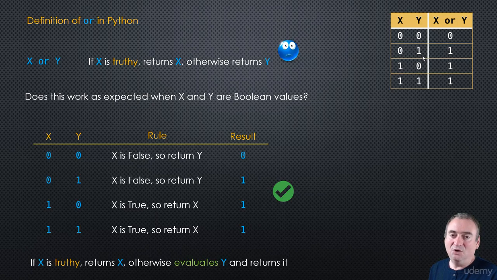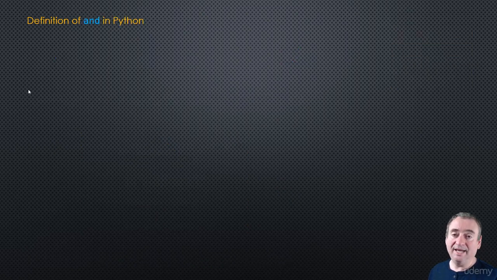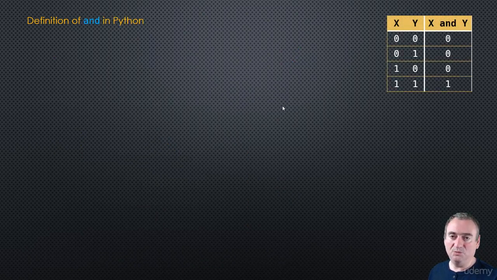And in fact, the or and the and operators return an object. They return one of your operands, either x or y, depending on whether x is truthy or not. So let's look at and. And is defined very much in the same way. If you think of the and, well, if x is false, we always return false. If x is true, then we have to return y.